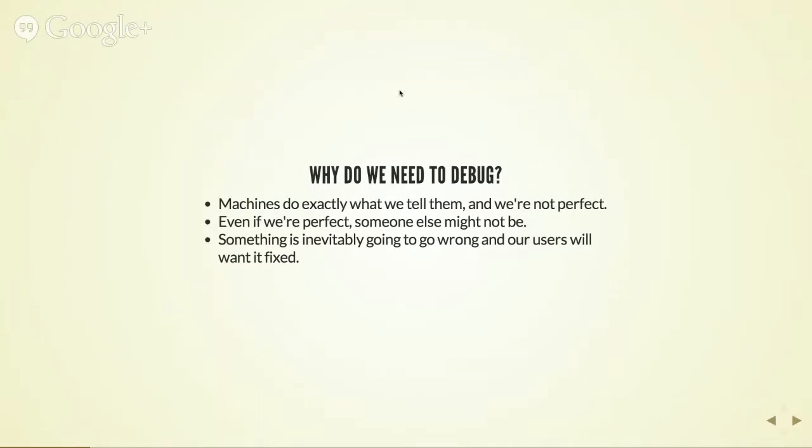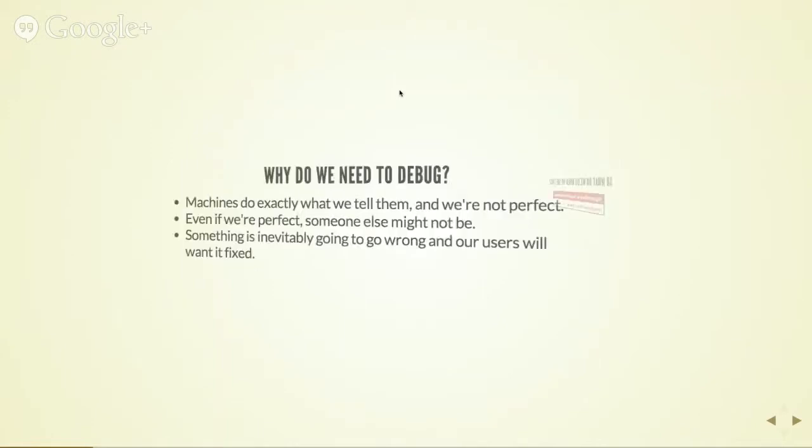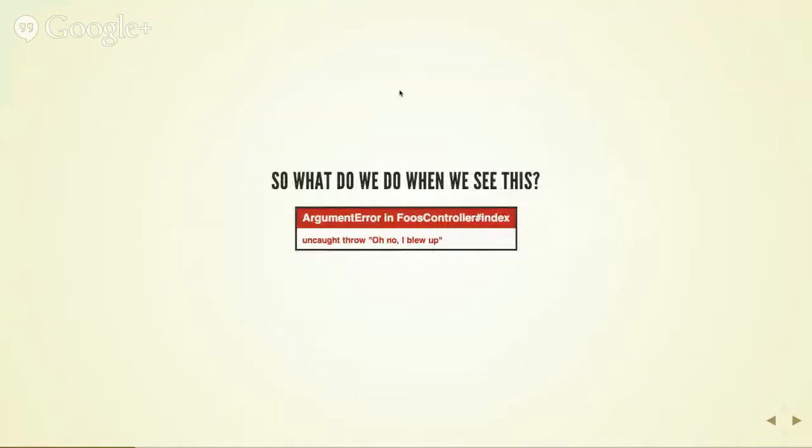Even if we are perfect, as some of us are, some other person on your team or some third-party developer or your users, as they quite often are not perfect. So something is inevitably going to go wrong, and someone is going to be breathing down your neck to fix it. Whether that's the voice in your head or someone putting a bug on the bug tracker.